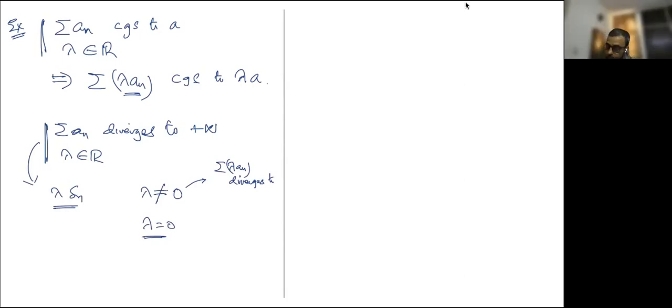Infinity you cannot forget. Yes. So it diverges to plus infinity if lambda is positive. If lambda is negative, this diverges to minus infinity. And if lambda is 0, again, there's no definite conclusion possible. And again, you can look at examples for that. You can construct examples.